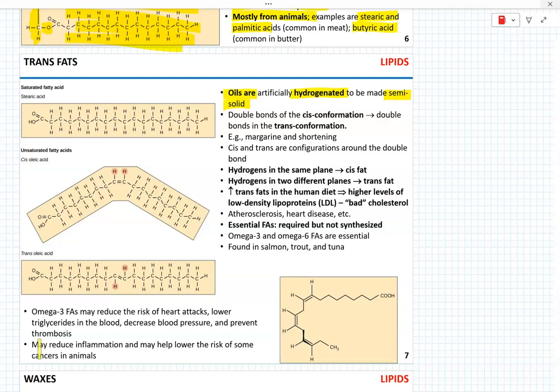However, during the hydrogenation process, unsaturated fatty acids that normally have cis conformation of a double bond change its conformation to trans.